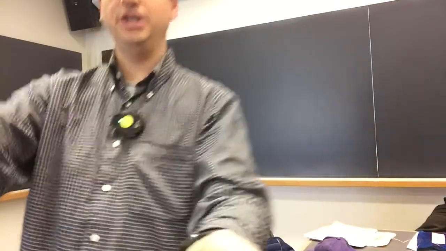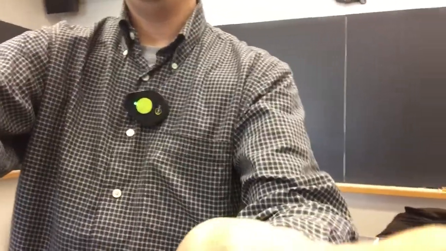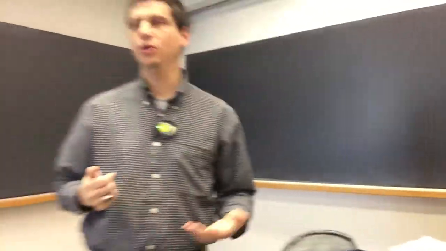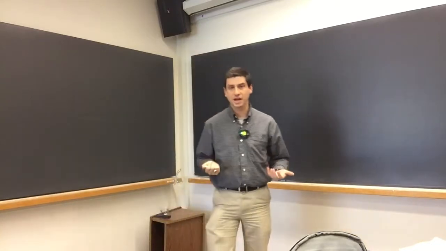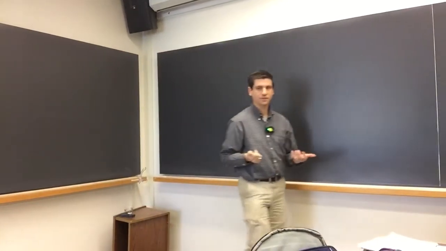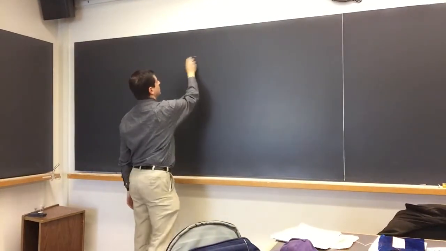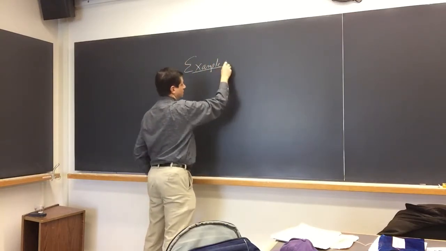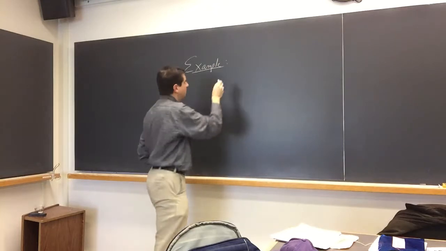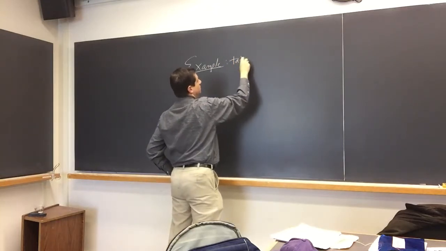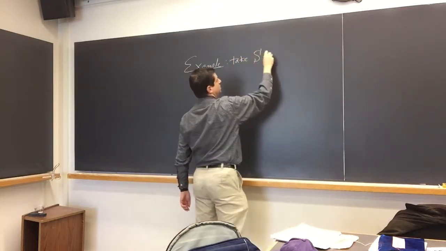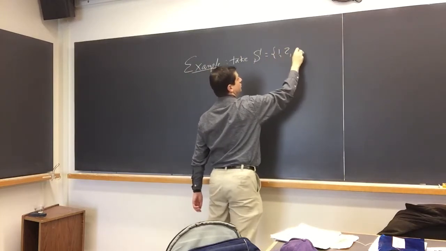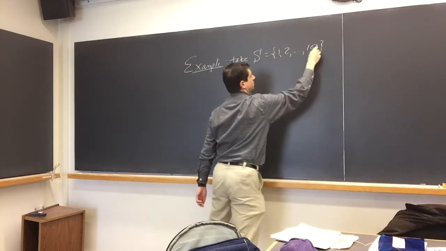Okay, so the first is, let's see, we should probably do another pigeonhole principle problem just to get comfortable with the method, and then see what you could use it for theoretically. So let's do the following. Example. Take S to be the numbers 1, 2, ..., 100.